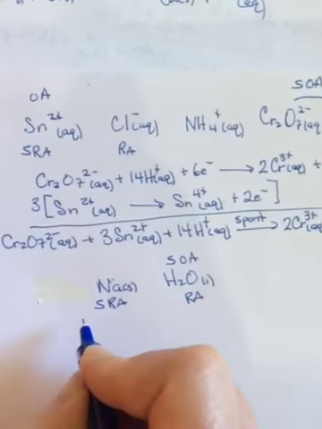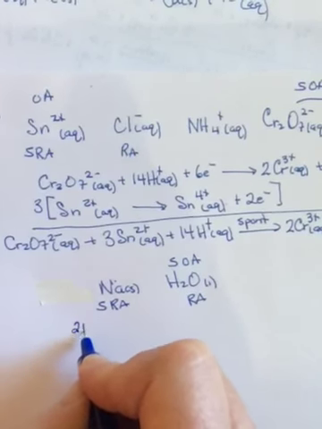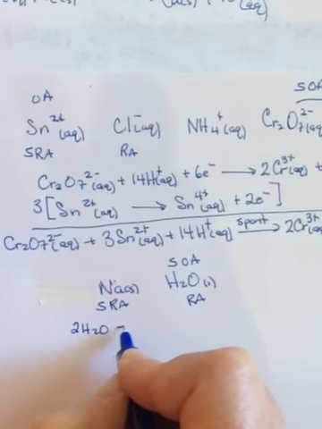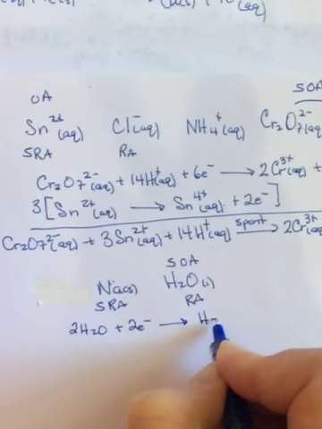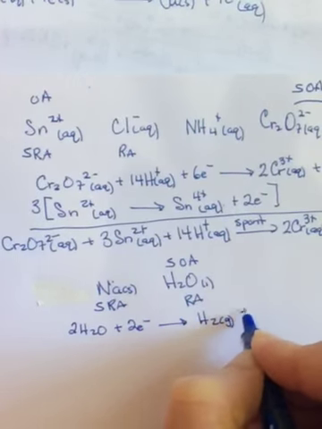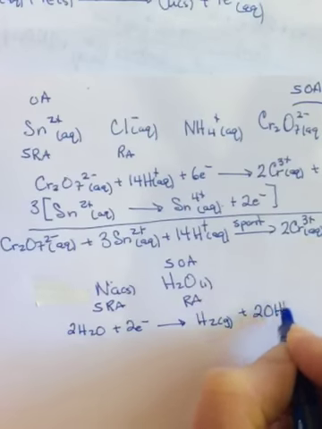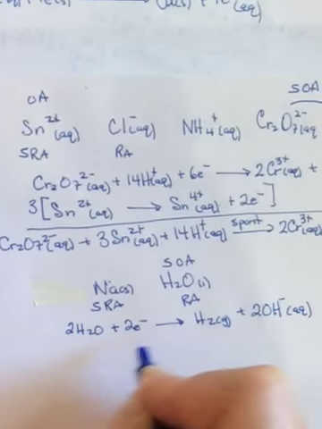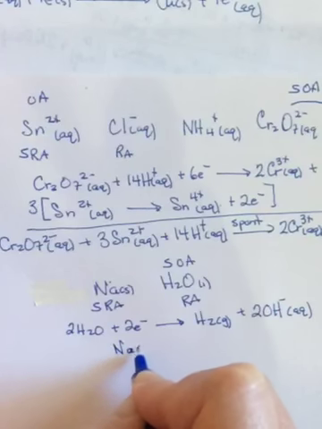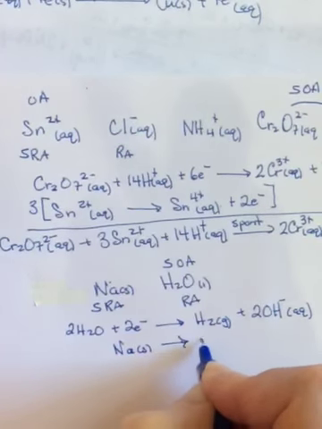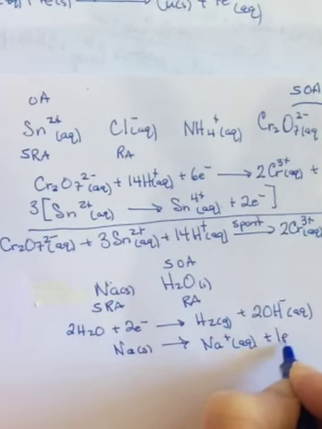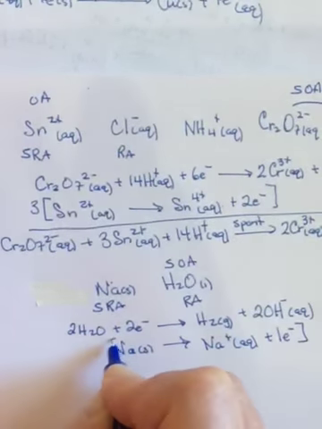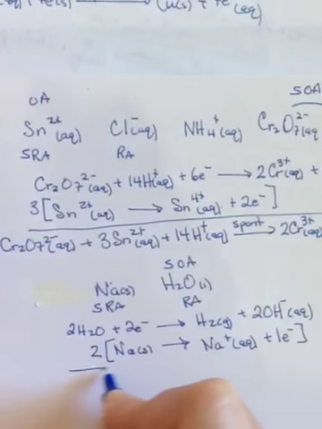When we write the half reactions down for water, it's 2H2O plus 2 electrons going to hydrogen gas and 2 hydroxides. Sodium is Na solid going to Na+ aqueous plus 1 electron. This guy has to be multiplied by 2.